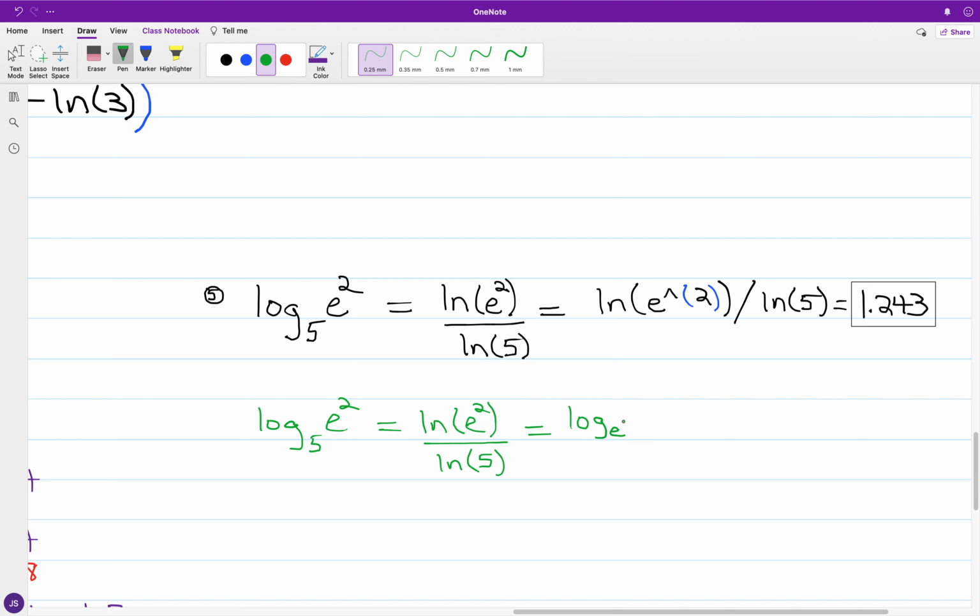So here we have a base e logarithm of e to the second, and this will go to 2 over the natural logarithm of 5, and that result still comes out to 1.243.